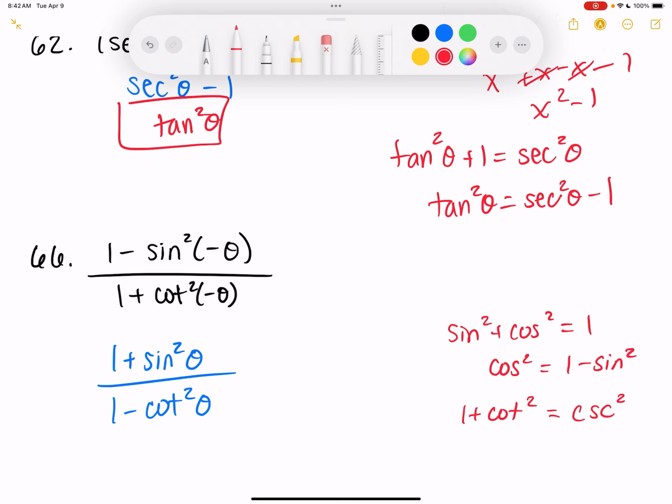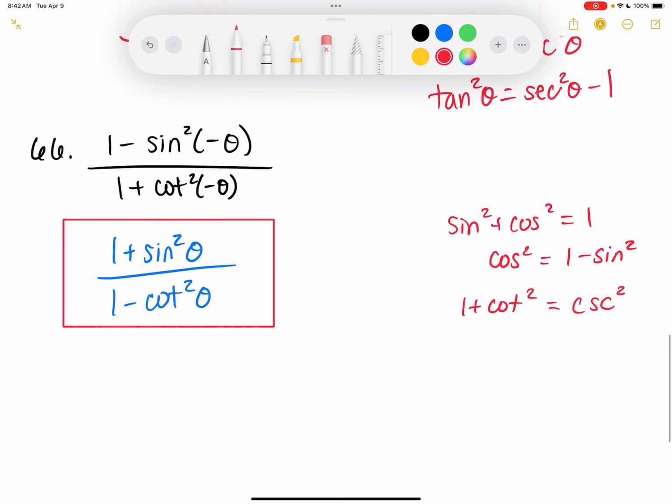No. So this would just get left like this, and this would be the end result of that one. There's nothing else I can do to that one. All right, one more, then we'll be done.